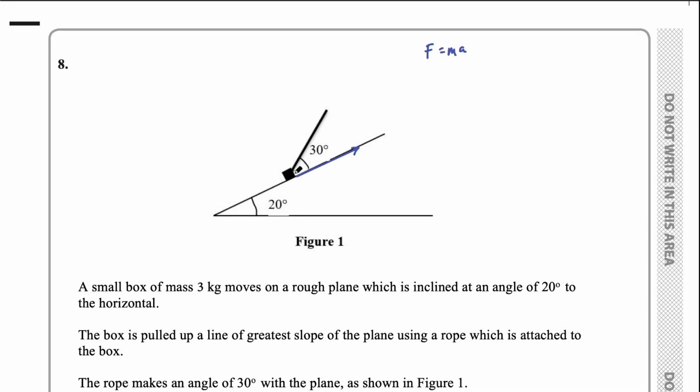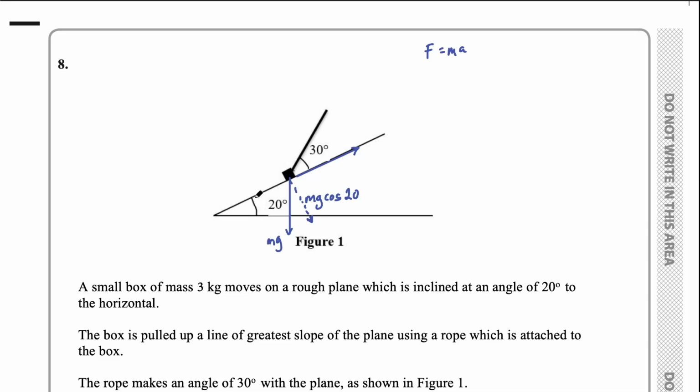Firstly, we've got the weight, which is mg, acting straight down. So that's going to be mg there. And to work out the interactions on the particle, or the forces on the particle, we want the forces perpendicular to it. So that's going to be the perpendicular force, which we know is mg cosine of 20, this angle here.